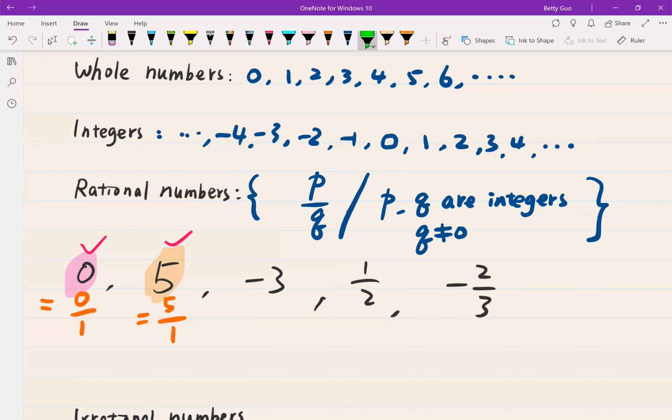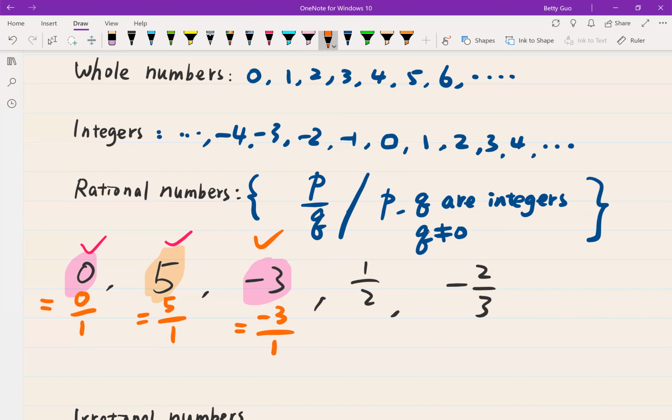Next one, negative 3. We know negative 3 is not a natural, is not a whole number, but is an integer. Is negative 3 a rational number? By the definition, if we could write the number as a quotient of two integers, then the number is a rational number.